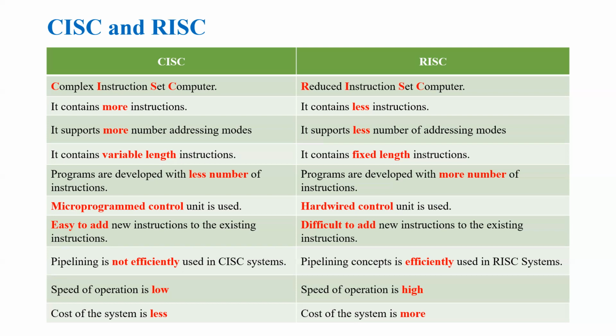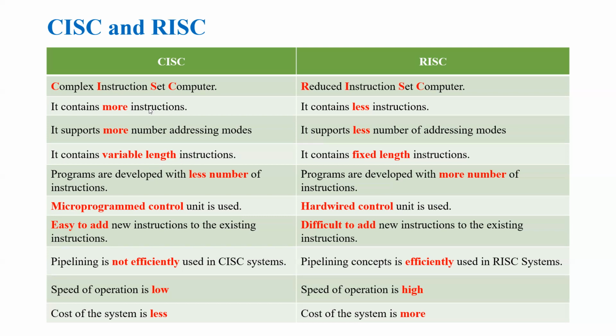Coming to the comparison between these, the first point: the expansion of CISC is complex instruction set computer, and the RISC expansion is reduced instruction set computer. What does it mean? An instruction set contains more number of instructions. That is the meaning of complex instructions.